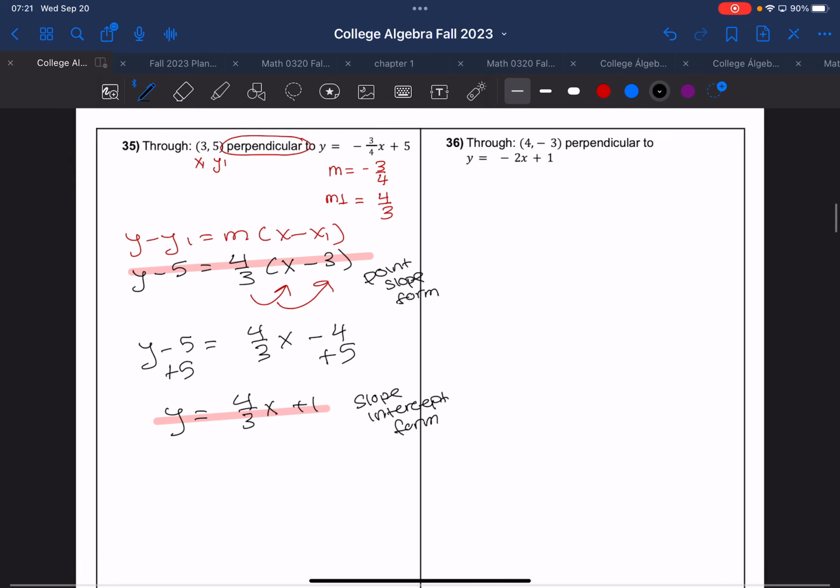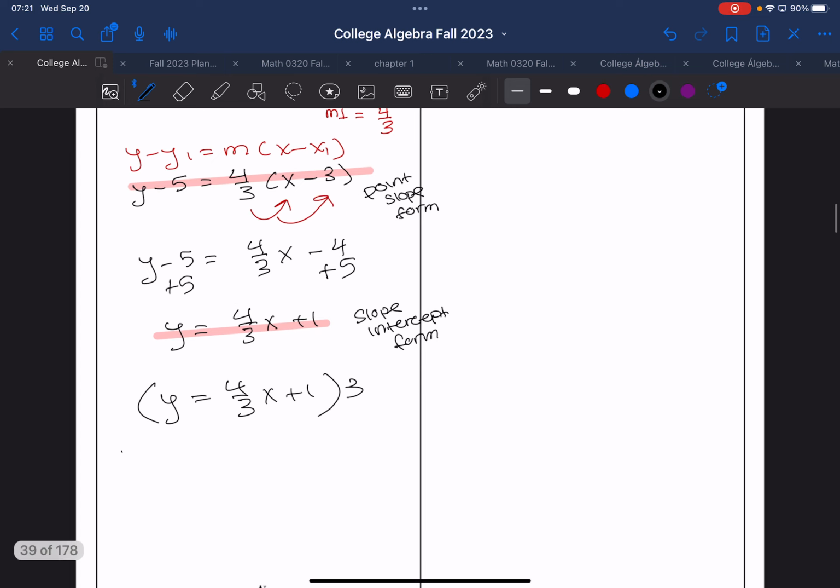And since we have a fraction here, before we turn it into standard form, what are we going to multiply everything by? 3. Why 3? Good, it's the only denominator there. So I have 3y is equal to, what's 4/3 x times 3? Good, so 4x plus 3.